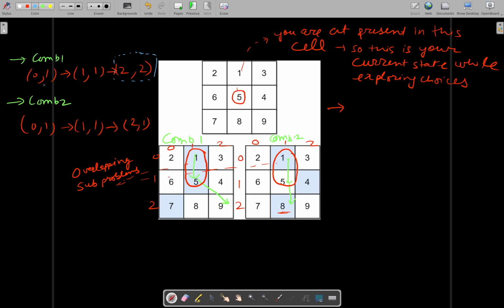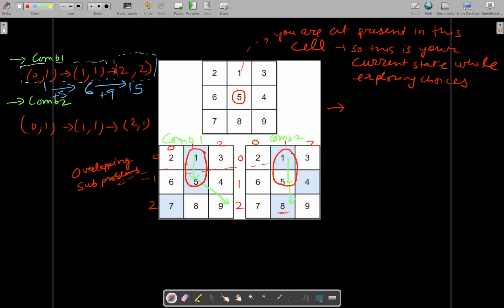So let's say we are adding the sums 1, and then 1 plus 5 is 6, and 6 plus 9, it will be 15. So 15 will be dependent on what choices you have made previously. These are the choices that you have made previously.